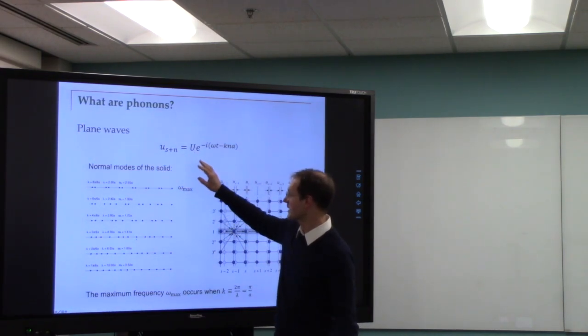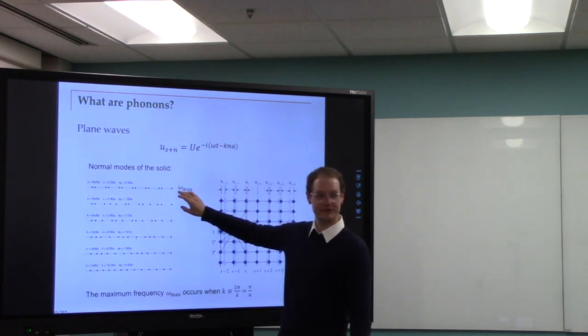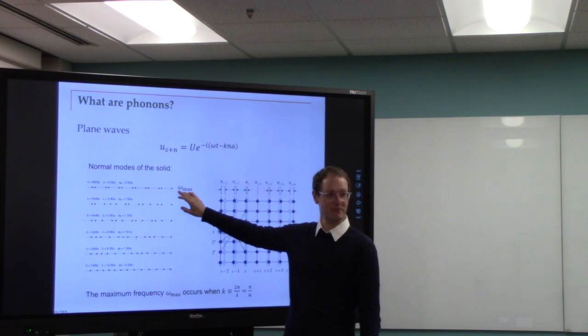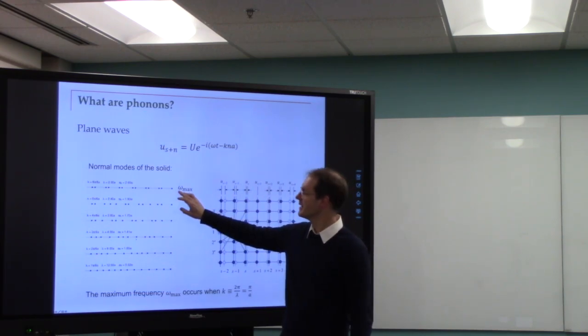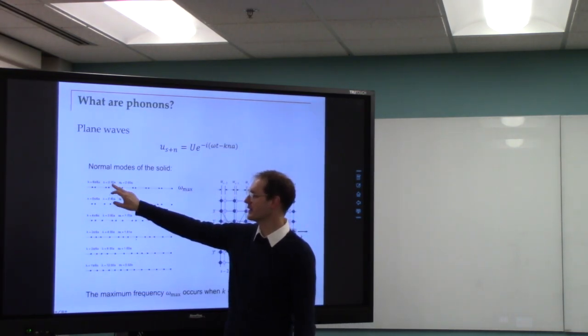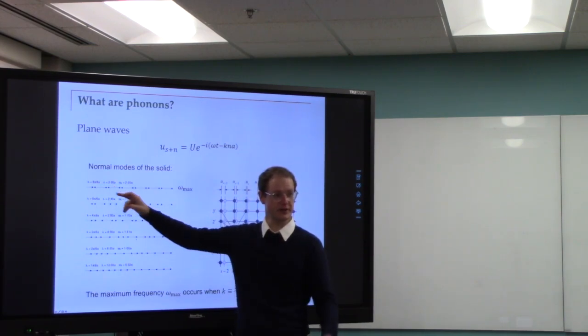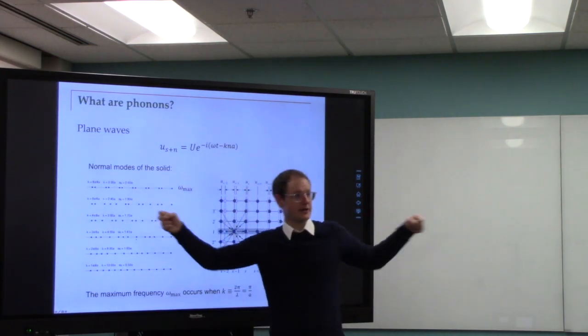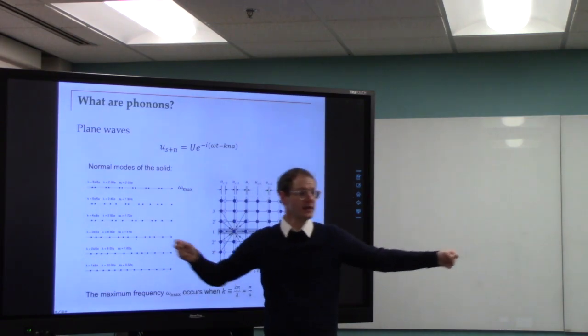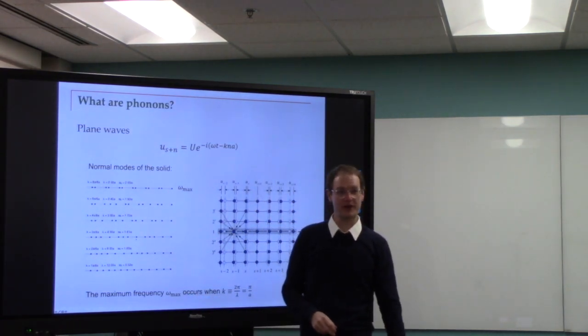But there is a minimum wavelength corresponding to a maximum phonon frequency that occurs when the wavelength is 2 times the lattice constant. So when every other atom is vibrating in the opposite direction, that is the highest frequency phonon that you can have.